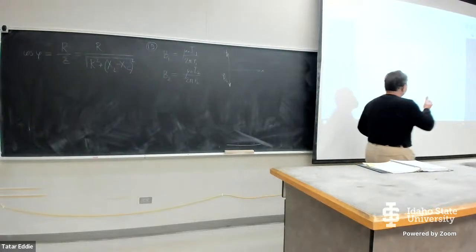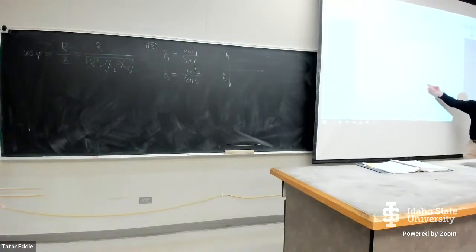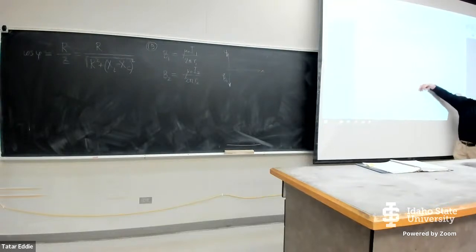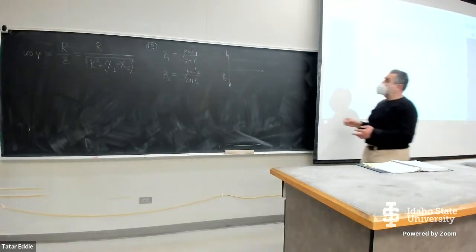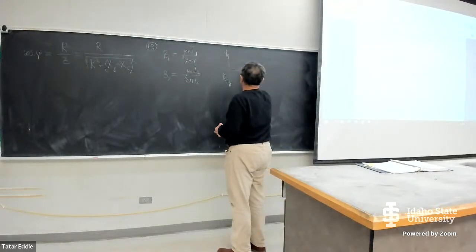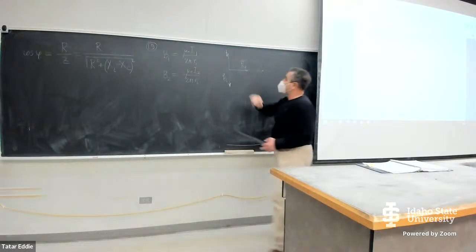Now, the magnetic field from the second current, again circles, and again using the second right-hand rule, it is going to be a circle like this. The direction of that magnetic field is tangent to that circle, which coincides with the positive x direction. So the second magnetic field, B2, is in the positive x direction, like this.